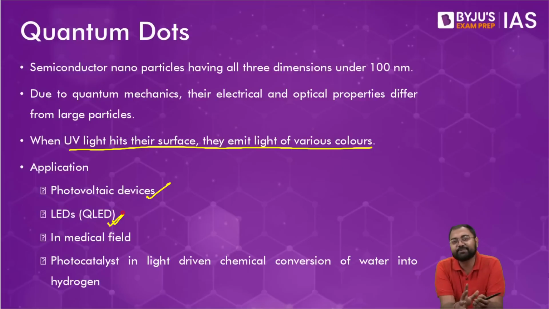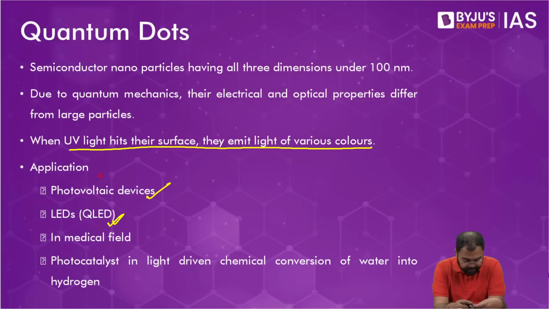And Samsung has been the leading manufacturer of QLEDs. But it's not that others do not have it, others also have it. But Samsung has been leading in electronics when it comes to QLEDs. So when they talk about QLEDs, basically this is an LED which is using quantum dots, and that is why it shows better contrast in colors, and that is how they advertise them as well.